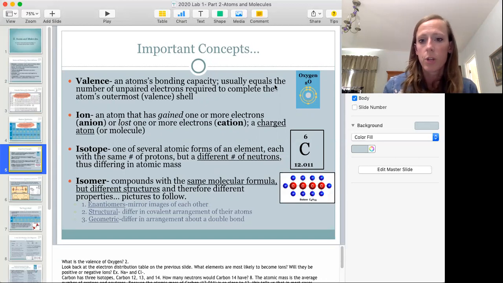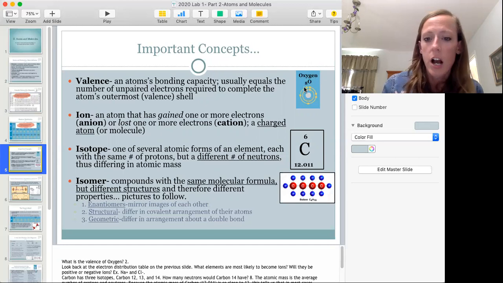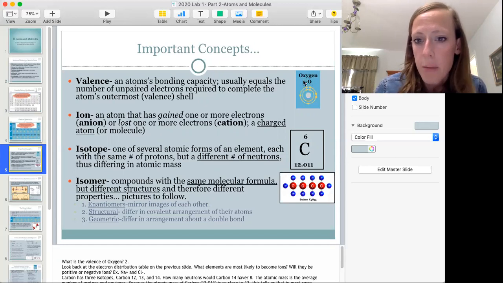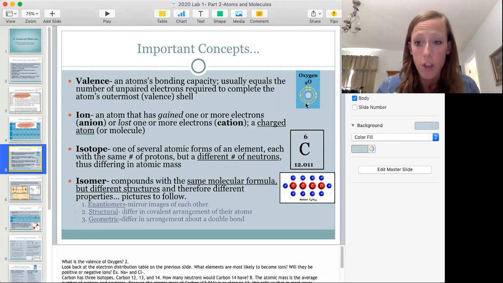So for instance, if you look at this picture of oxygen, which is just taken from the last slide, you can see its atomic number is 8. There are 2 electrons in the innermost shell, and that shell is complete. And then the second shell, it's got 1, 2, 3, 4, 5, 6 electrons, and so it needs 2 more to be full, because that second shell, as well as the third shell, hold 8 possible electrons, okay?